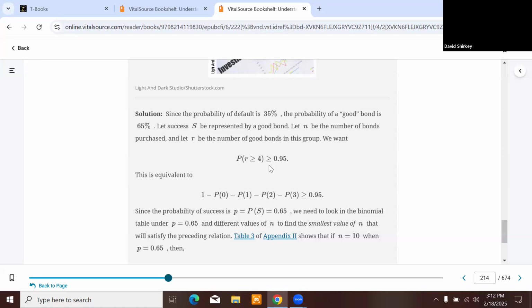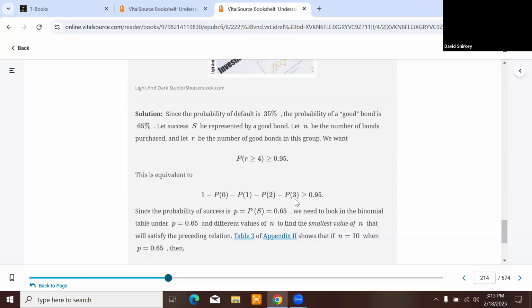So in this case, it's easier, or quicker, to calculate if you use complements. So the probability of R greater than or equal to 4 is the same as 1 minus the probability R is less than 4, which is 1 minus the probability R equals 0, minus the probability that it equals 1, minus the probability that it equals 2, minus the probability that it equals 3.